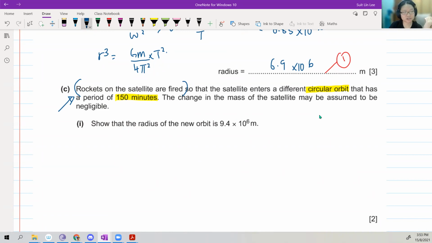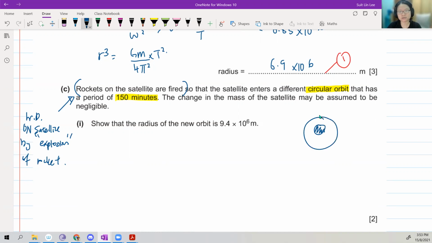So this rocket being fired means there is work done on the satellite by the controlled explosion of the rocket. But doesn't matter. So this is your Earth. It has a circular orbit here, and then it jumps into another orbit. I don't even know whether it's a higher or lower orbit, but this is a new radius.